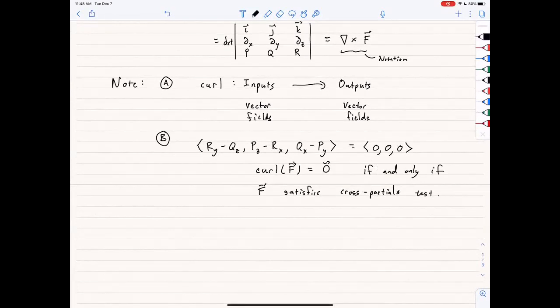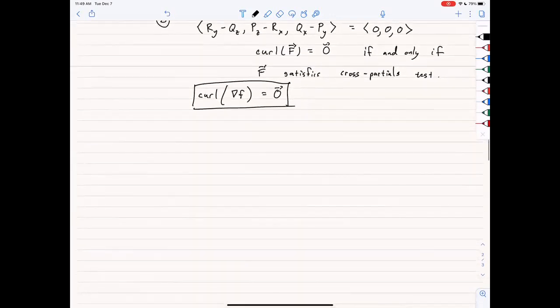So in particular, what I'm saying is that if I take the curl of a conservative vector field, say I have a potential, this is 0. That's a good thing to keep in mind. It gives you a new way of seeing certain phenomena, as we'll see in a moment.